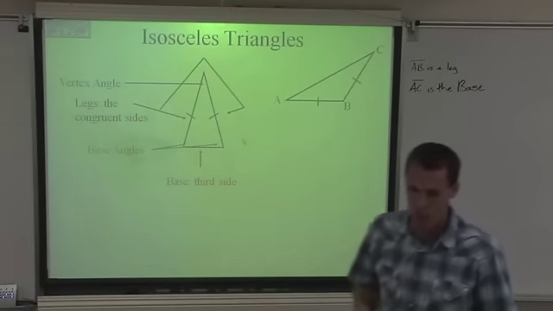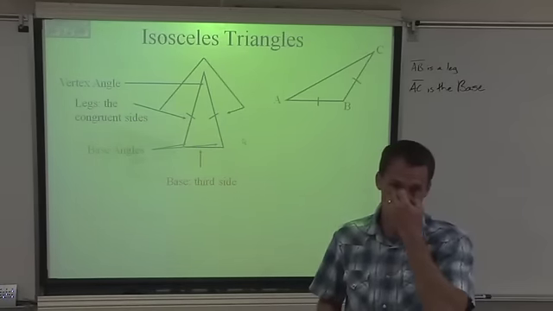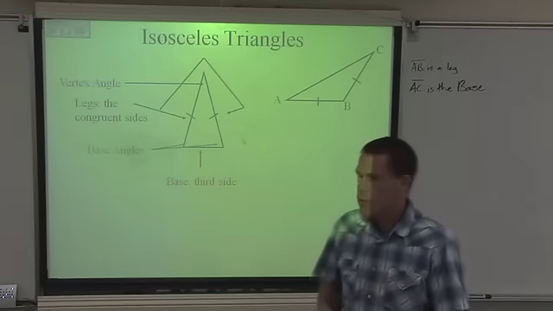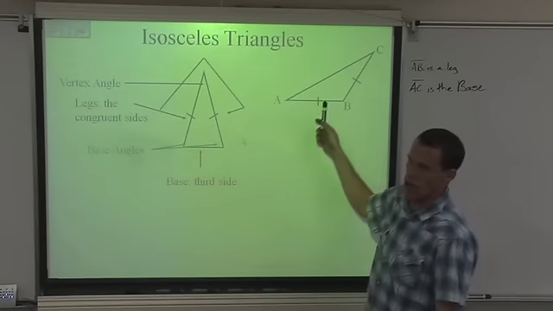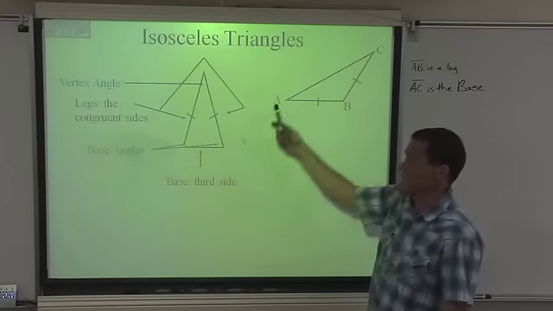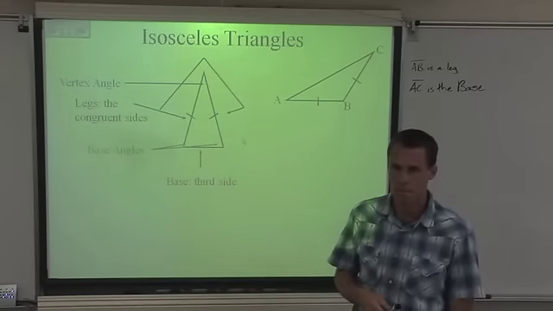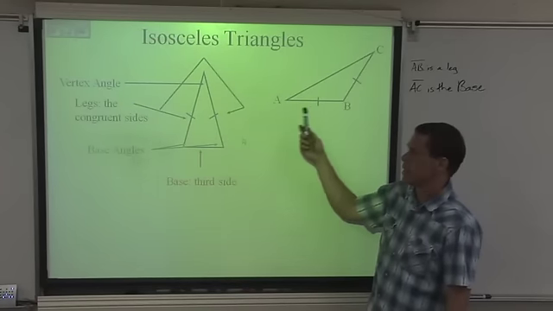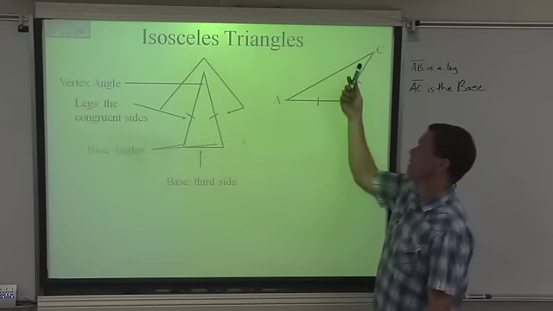This is very important. Base does not mean bottom. There's no gravity here. The two congruent sides are the legs. The base is the third side. The vertex angle is angle B. The base angles are A and C.